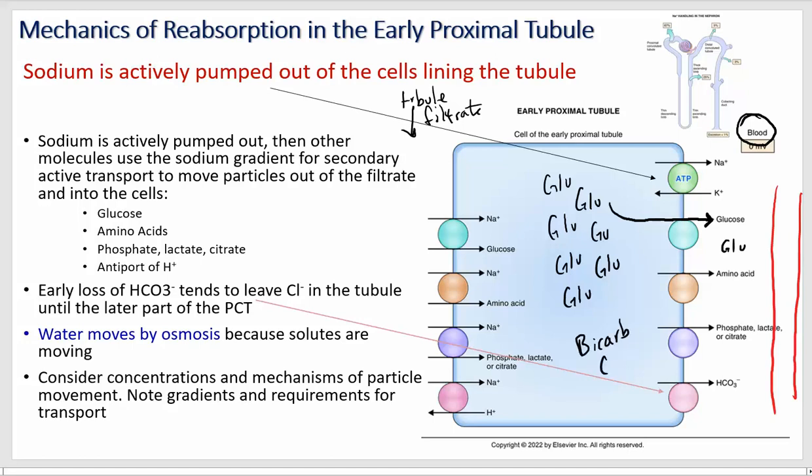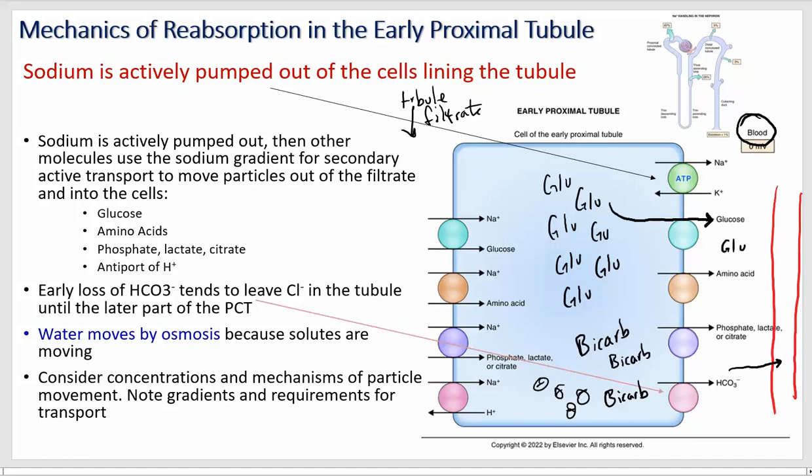Now we're going to learn later that bicarb is actually being produced in the cell, and so it's trying to get out, and it's able to go down. We have a negative charge inside here. So it's going to go down the electrochemical gradient too, and it's also going to pass and come back into the body.